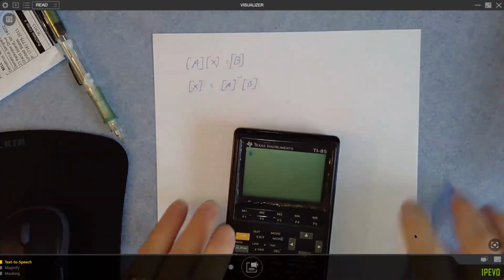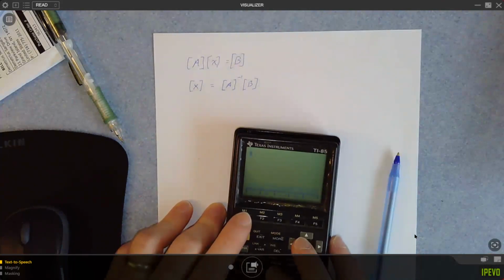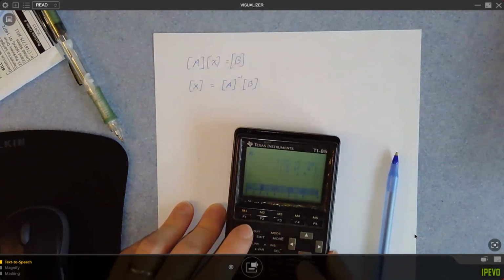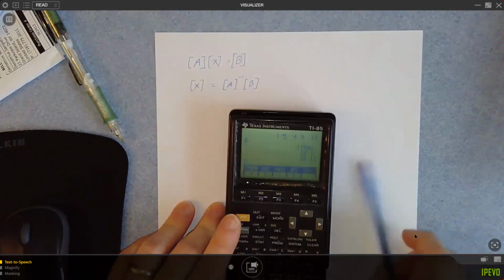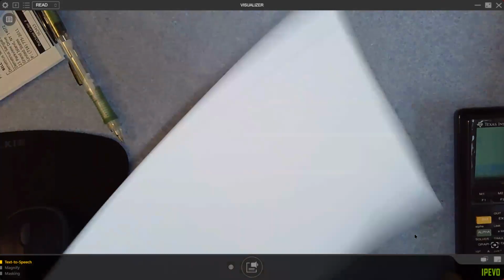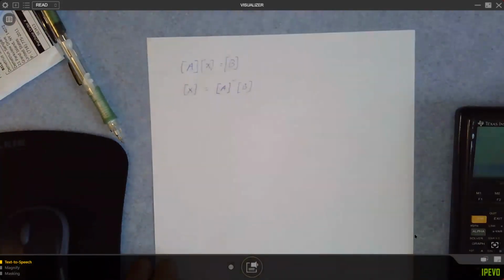And let me just show you here what I've done. So I've still got matrix A in here, right? Matrix B, I've put in is just a single matrix. So we got 50, 0, 0, a single column matrix. That's our matrix here.